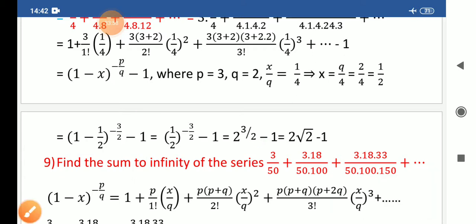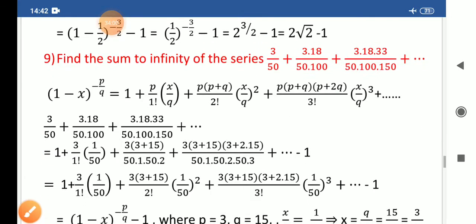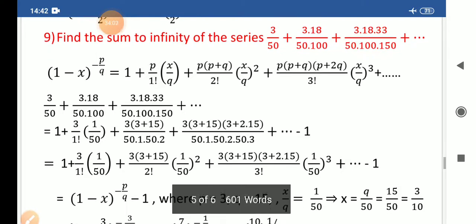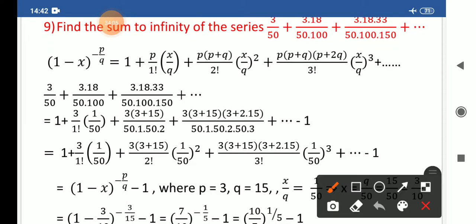Okay. In the same manner, 3 by 50 plus 3 into 18 by 50 into 100 and so on. This is also the same. The problem starts from the second term: 3 by 1 factorial into 1 by 50. Write 50 as 50 into 1, 100 is 50 into 2, 150 as 50 into 3. So p is 3. For 18, 3 plus 15; for 33, 3 plus 2q, that is p plus 2q.